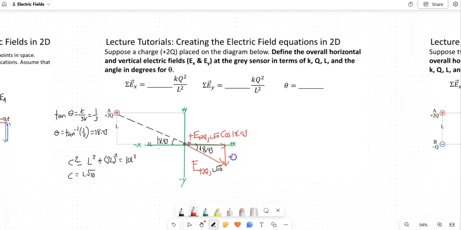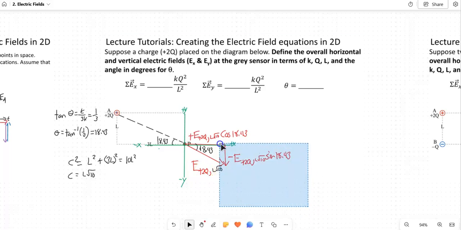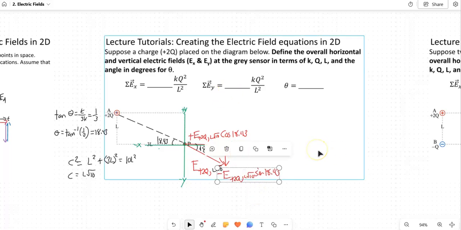The other side is going to be the same hypotenuse, but it's pointing down, positive 2Q, L square root of 10 sine of 18.43. And what I'm going to do is just grab this and maybe scooch it down here. That way you have a little bit of room I could work with.